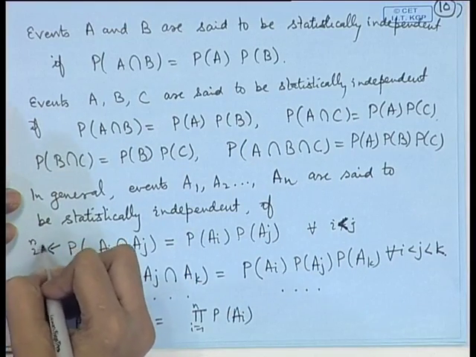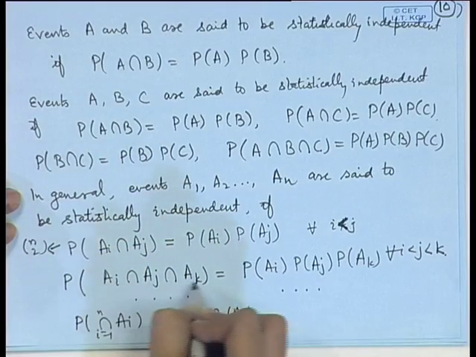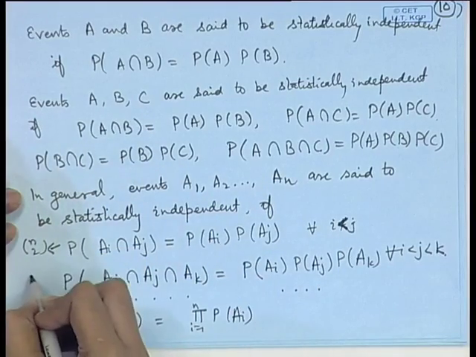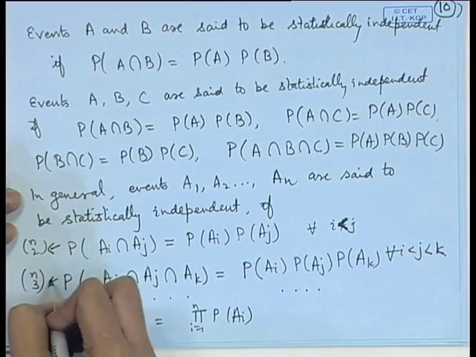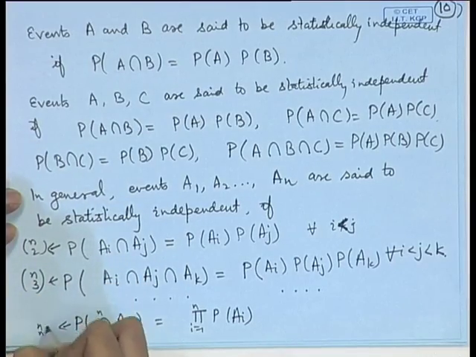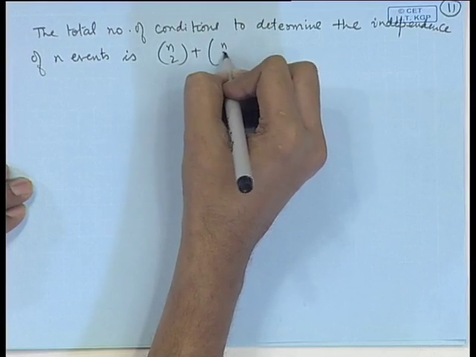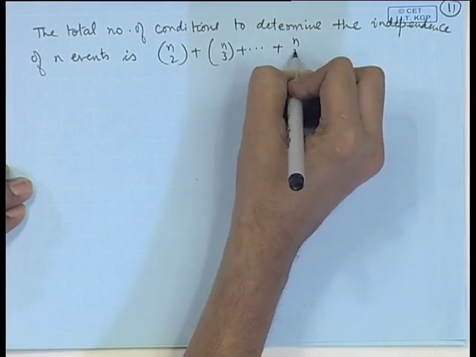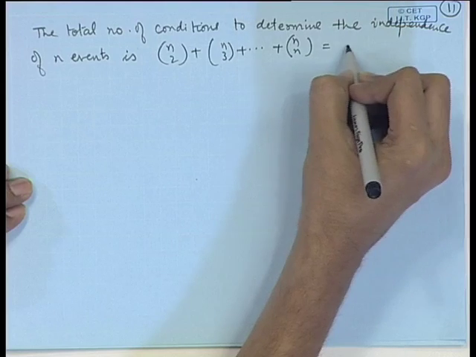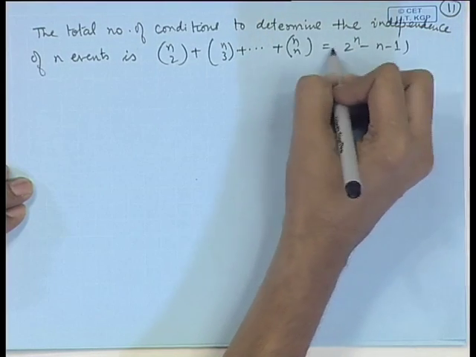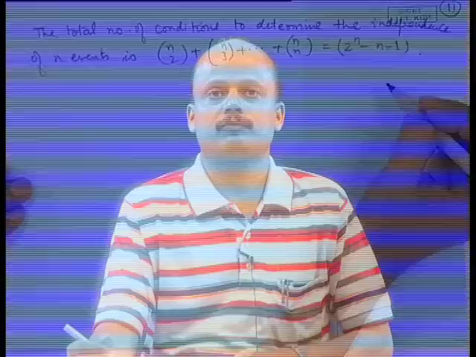So, total number of conditions is n c 2. Here we have 3 from n, 3 at a time. So, the total number of conditions is n c 3 and finally, it is n c n or 1. So, the total number of conditions is eventually equal to n c 2 plus n c 3 plus up to n c n, which we can write as 2 to the power n minus n minus 1. So, a total number of 2 to the power n minus n minus 1 conditions are required to determine the statistical independence of n events.